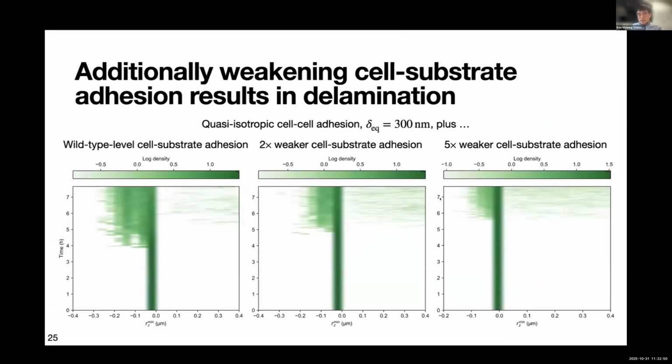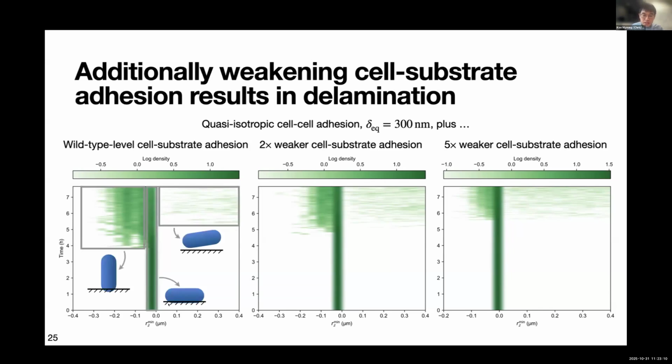So to summarize, what we're seeing here is that if we have strong cell-cell adhesion, and if we weaken cell-substrate adhesion, okay, each plot here is similar to what I showed before, but here I'm showing the distributions of minimum z coordinates at each time point.